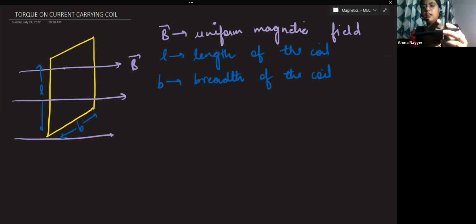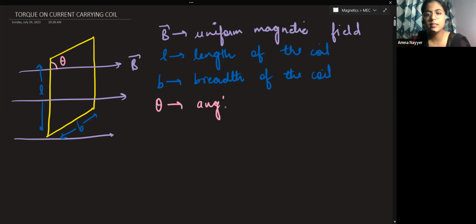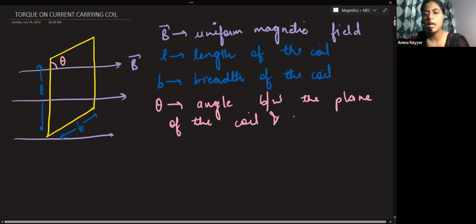This as theta means the angle between the plane of the coil and the magnetic field. So this is the angle that I have taken, theta, which is the angle between the plane of the coil and magnetic field.